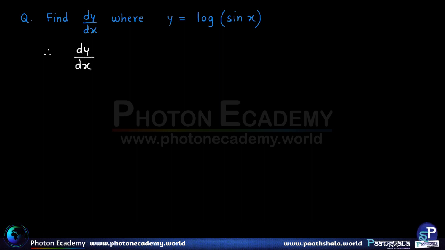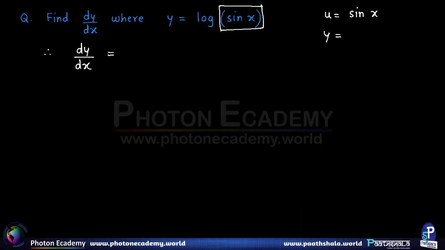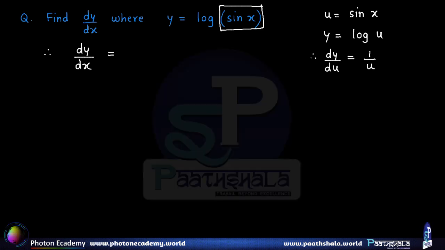To find dy by dx, let us consider this entire sin x as, say, u. If we consider u as sin x, we get y is equal to log of u. So dy by du, the derivative of log u with respect to u, is nothing but 1 upon u, as we know from the standard table.